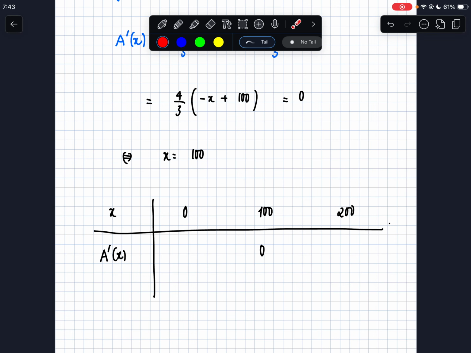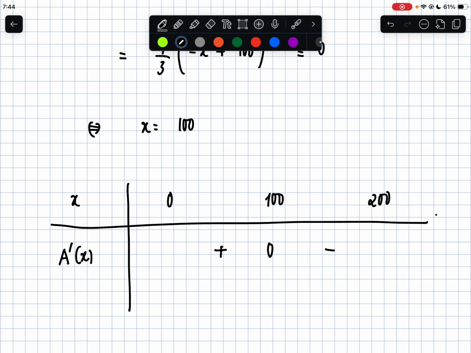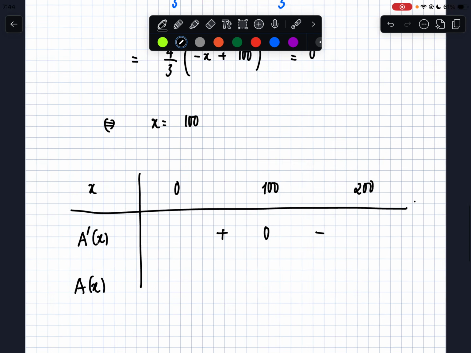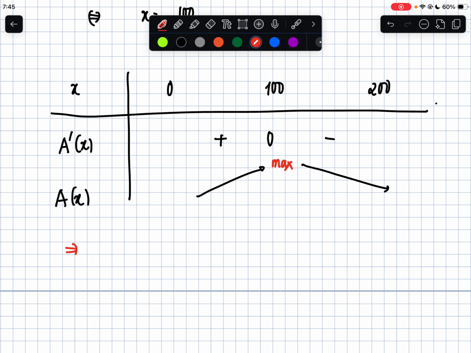When x is less than 100, 100 minus x is positive, so A prime is positive here, negative here. So A(x) is increasing and then decreasing. So we have a max right here. So the max of the area is when x equals 100.